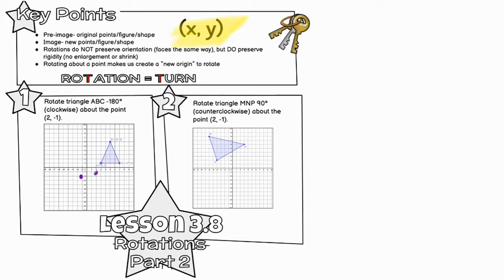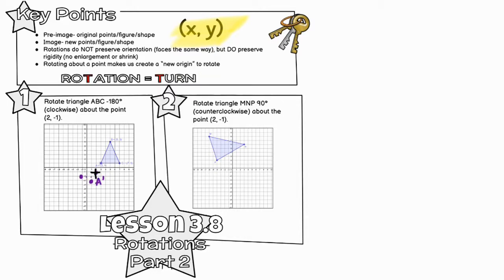Basically, when I translated it to make that first pretend point, I moved the origin to right here and shifted everything that way. But now I need to shift it back. So I need to go right 2, down 1. And so now this is my new A prime.